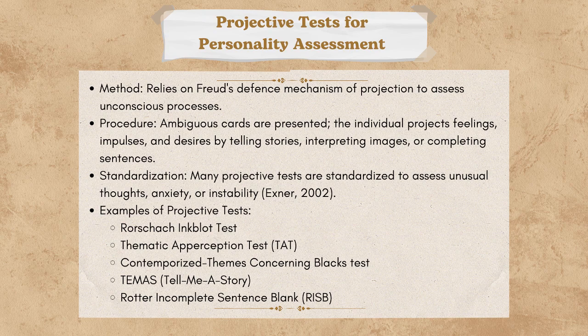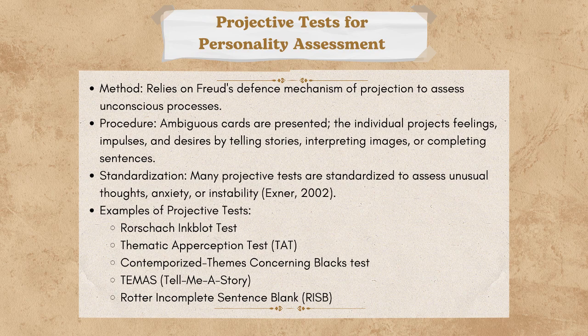Many objective tests have undergone standardization procedures and can be used to assess whether someone has unusual thoughts or a high level of anxiety or is likely to become unstable.